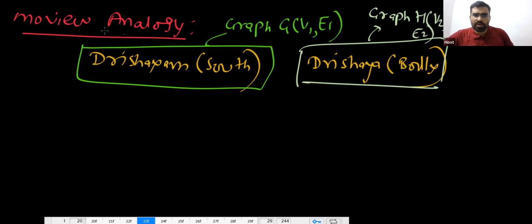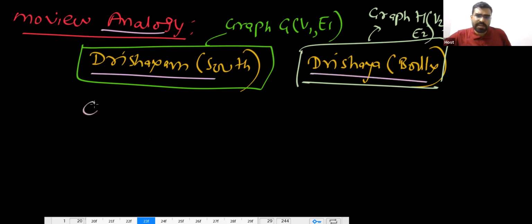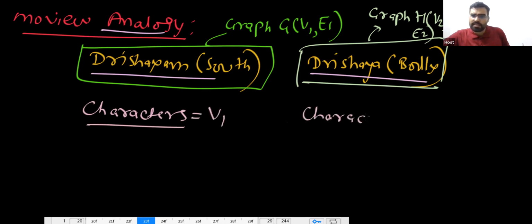So you have two graphs, V1, E1 and V2, E2. In this analogy, the movie is basically the graph. And the characters are what? The characters here are the V1 and the characters here are the V2. The vertices are the characters.